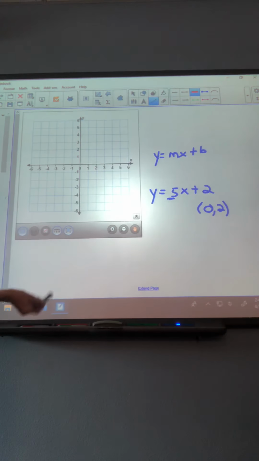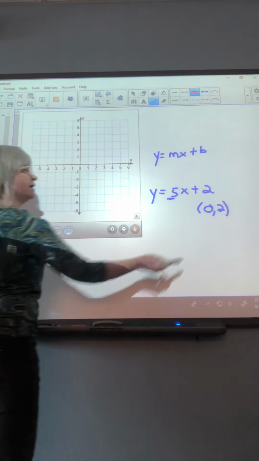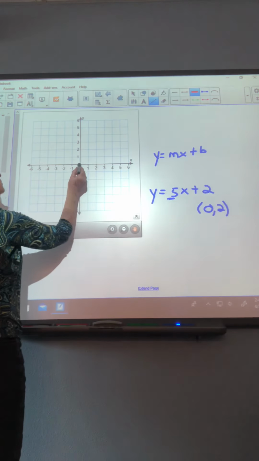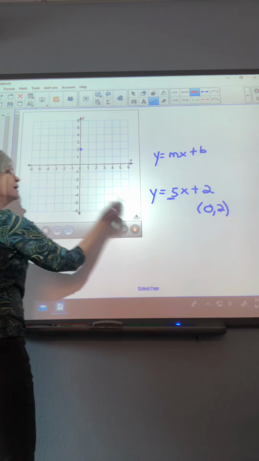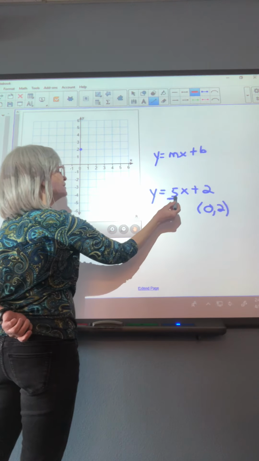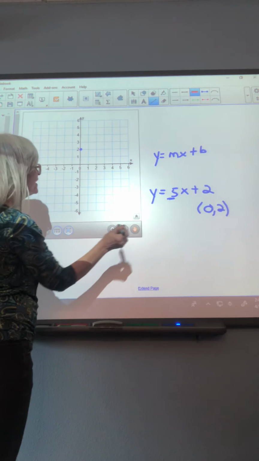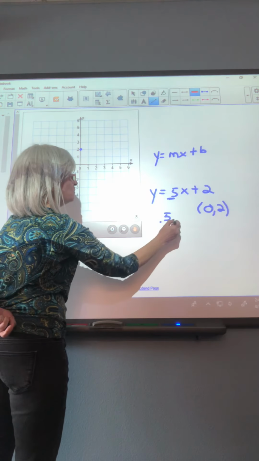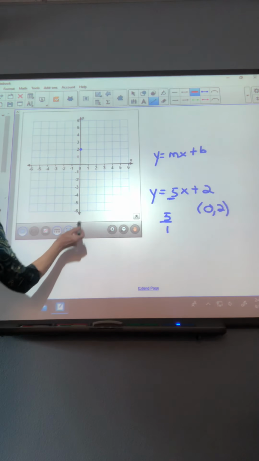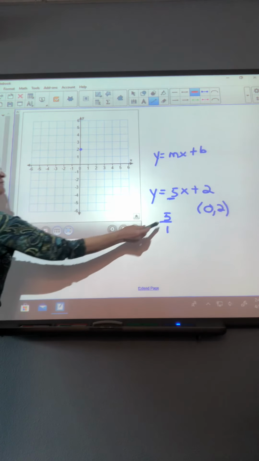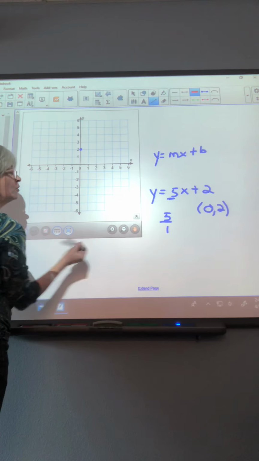Okay, so we again would start by graphing the 0, 2, and then we would use our slope of 5, sorry, not our y-intercept. So this would be 5 over 1. So I'm going to fall 5 first, and then I'm going to go over 1.